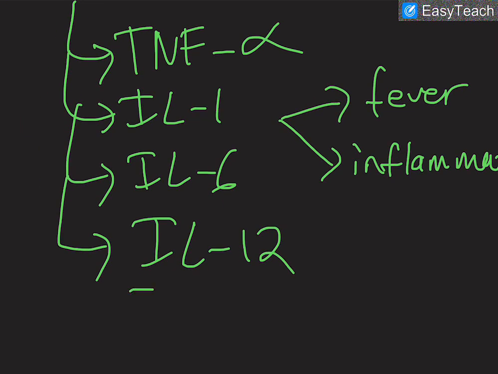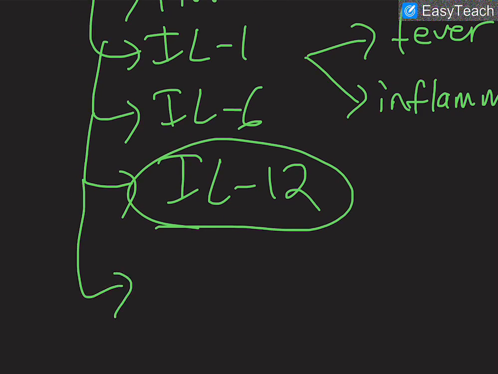And we already talked about interleukin 12, how it can help the naive CD4 cells turn into the Th1 subtype. Another interleukin that may be important to keep in mind is interleukin 8. Interleukin 8 can also be released due to this nuclear factor kappa B stimulation.